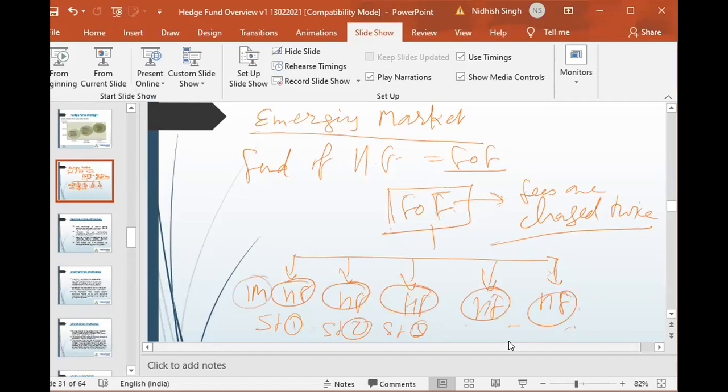They will have their own IM, an entire hedge fund team running fund one. Fund two is run by another hedge fund company. So all the hedge fund companies themselves will be charging management fee, incentive fee, and different types of operating expenses for each fund. Then on top of this, we are charging various IM fees here as well, which is management fee and incentive fee.